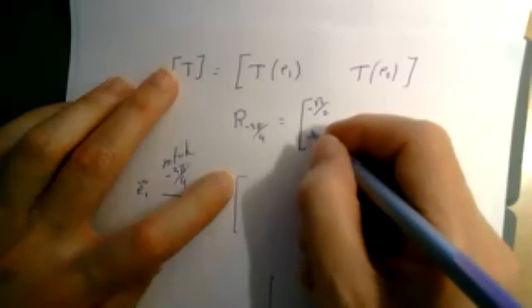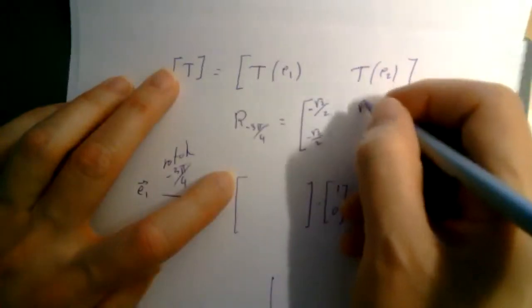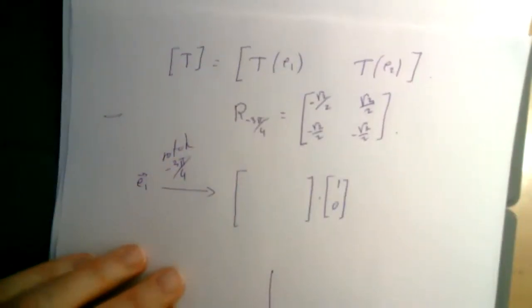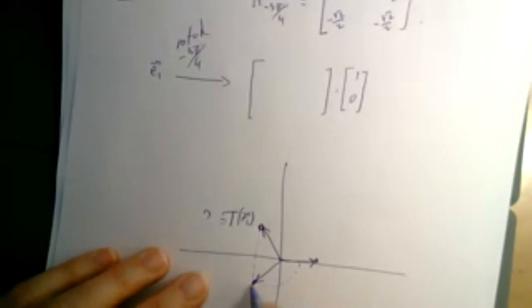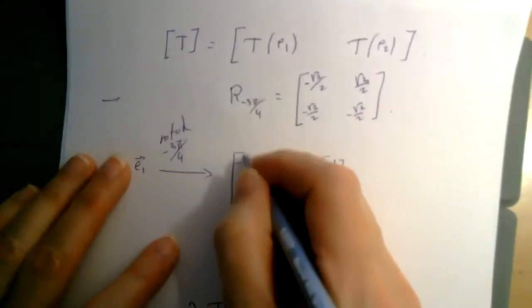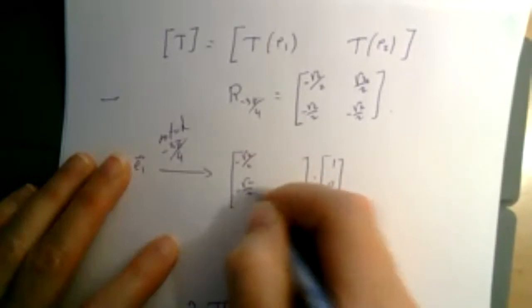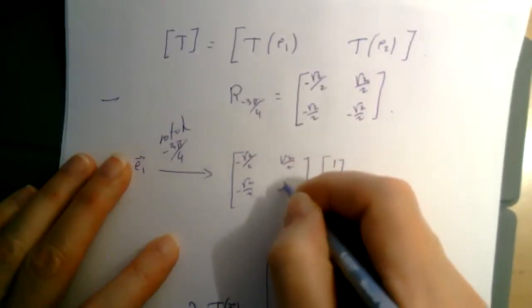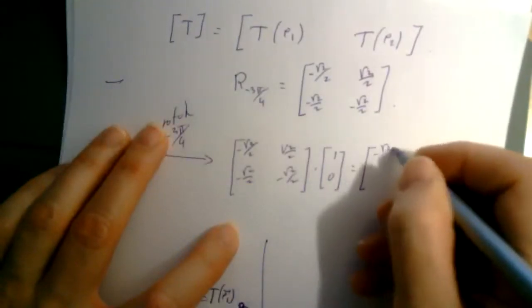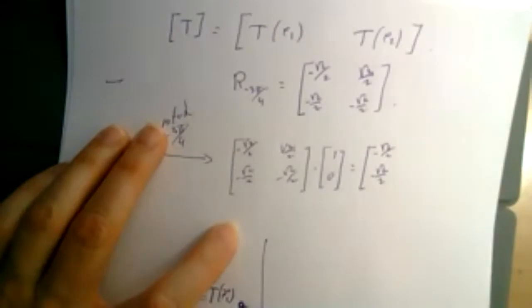Sine of minus 3 pi over 4, minus the sine and the cosine. So you can either look at the picture and figure out this vector geometrically or using trigonometry, or we can multiply it by the rotation in case we forget what to do. I multiply by the rotation, it's going to give me minus square root of 2 over 2, minus square root of 2 over 2.